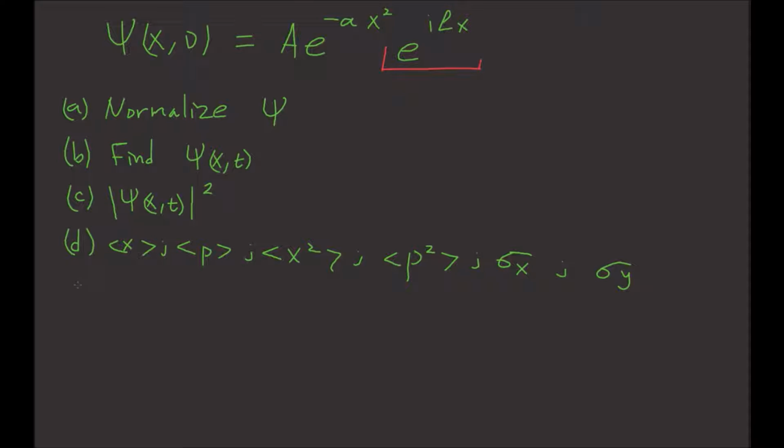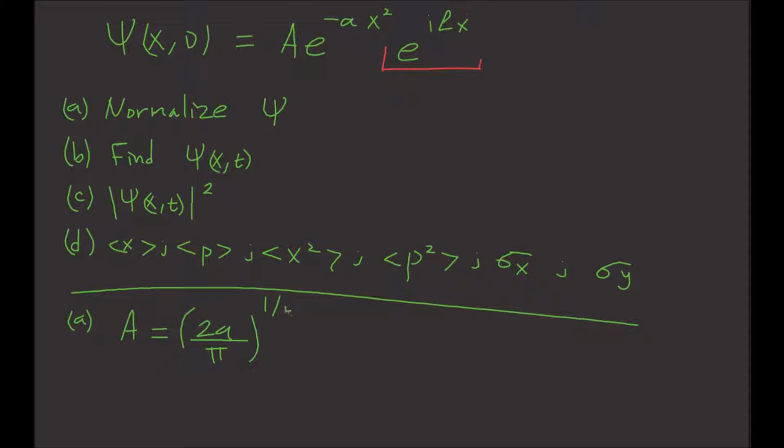So first let's do A, and A is as before in video number 19. So it's going to be the same normalization constant, 2a divided by pi to the 1/4 power. So it's the 4th root of that. Now we need to find the wave function in terms of position and time.